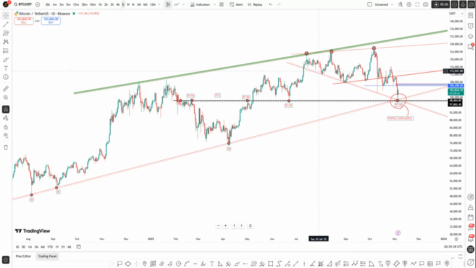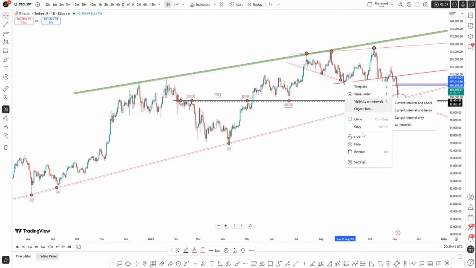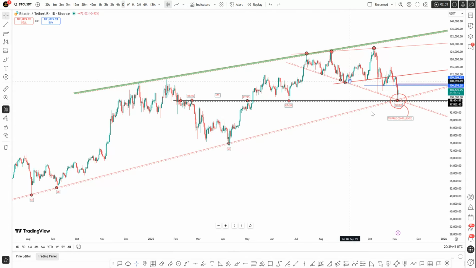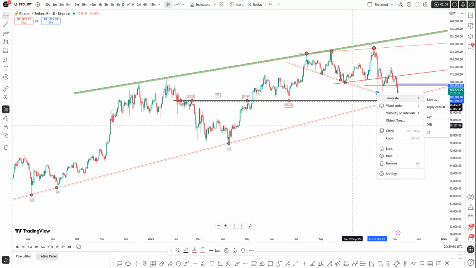And when you look critically again from a descending trend line perspective, you will see that we have here as a support structure 1, support structure 2, support structure 3, support structure 4, and finally here.